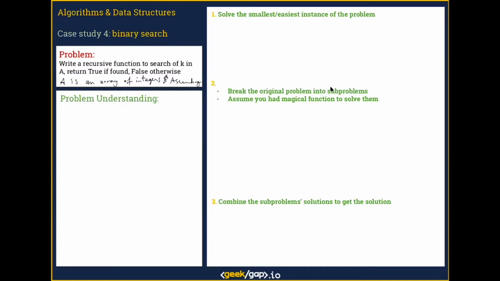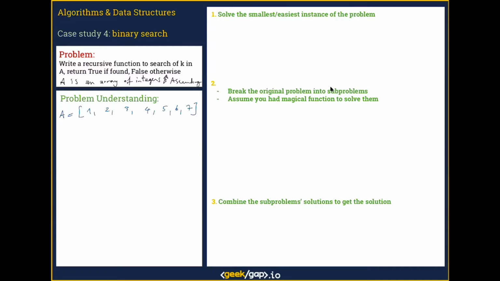With that precision made, let's try to understand this problem. Let's say A equals 1, 2, 3, 4, 5, 6 and 7. And we were asked to find if this array contains 7, for example.